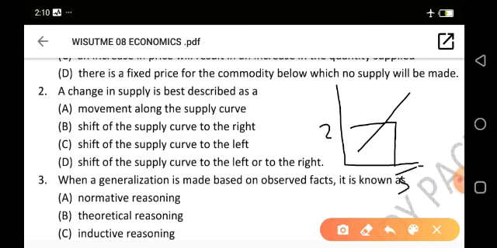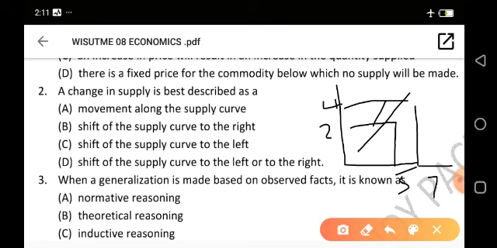Now if there's an increase in price, from this point, let's say this now is 4 and this is 7. This movement upward is called movement along the supply curve. So it's the price of the commodity that can cause this movement.